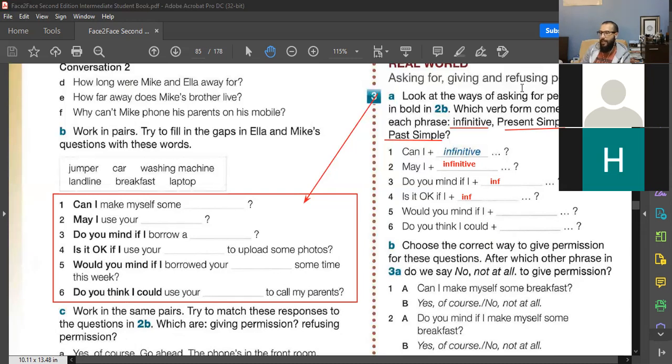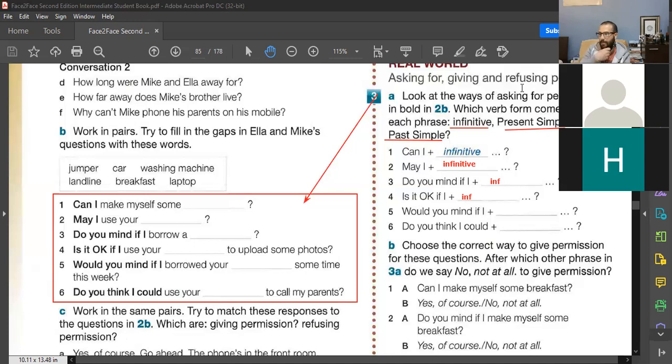Can he make, or may he use? Can he use? Can he make? Can he take? Yeah, we can do it. But does the verb change, or is it still infinitive when we use can and may? Yes, I think infinitive. Yes, correct. It's still infinitive.